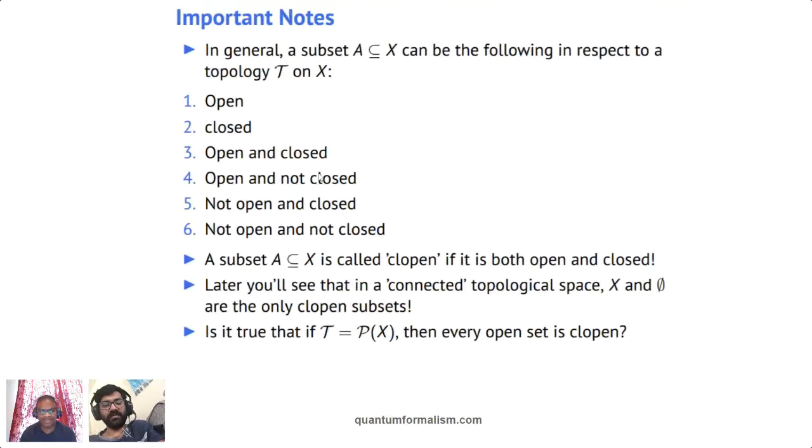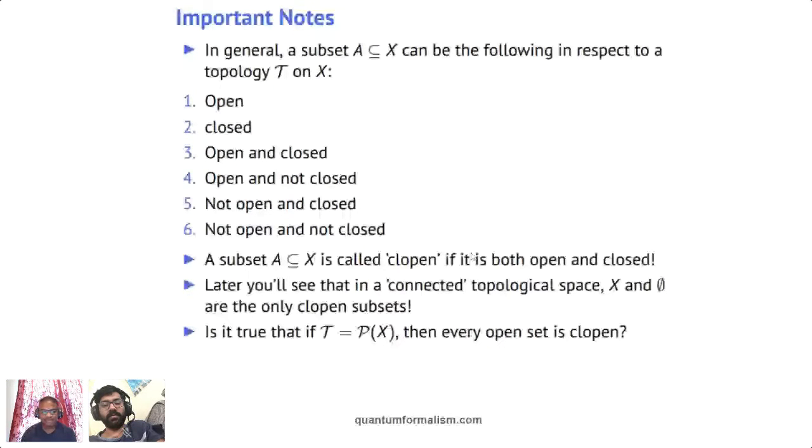I hope I didn't make any mistakes, but anyway, you will be able to find it and correct me later. That's a good thing. So in general, a subset can be open, closed, open and closed, open and not closed, and so on. Just for your interest, a subset is called clopen if it is both open and closed. So X and the empty set are clopen.